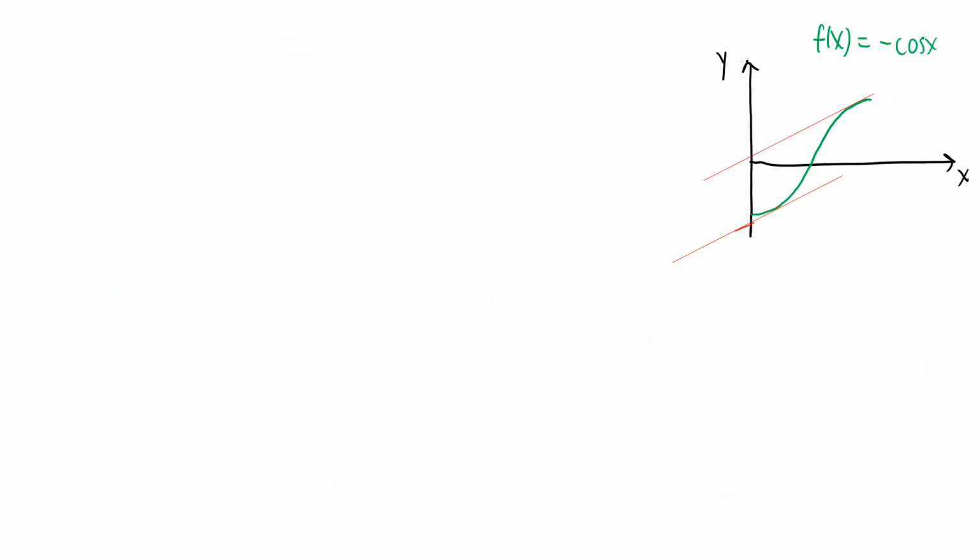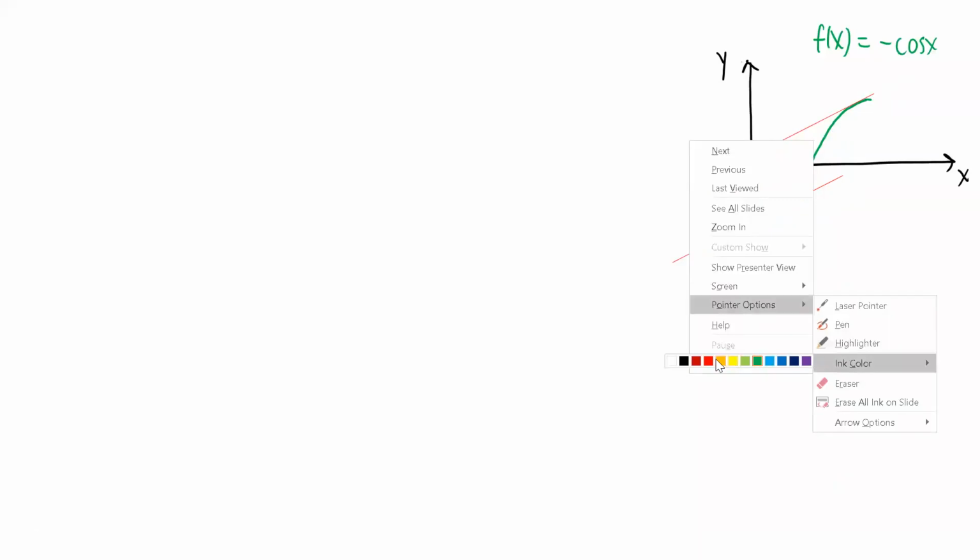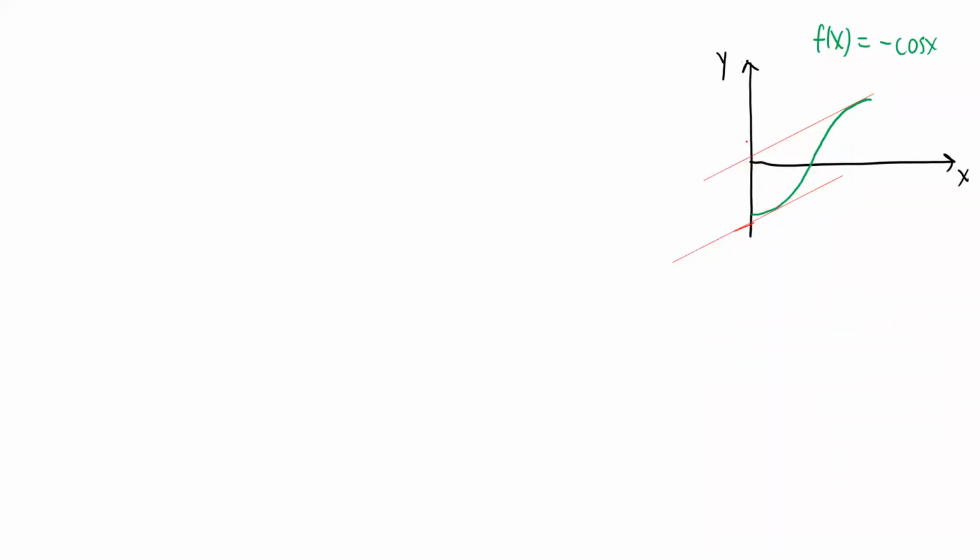Now you can see that this tangent and this tangent have the same slope, but clearly the two tangent lines have different y-intercepts.